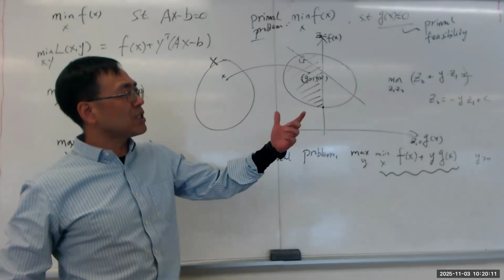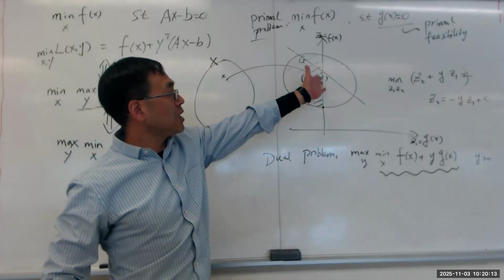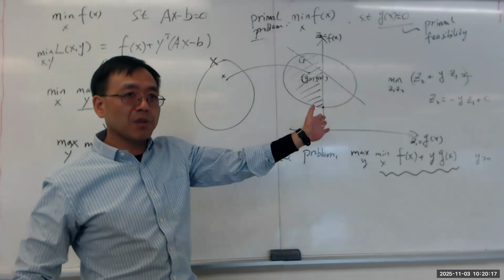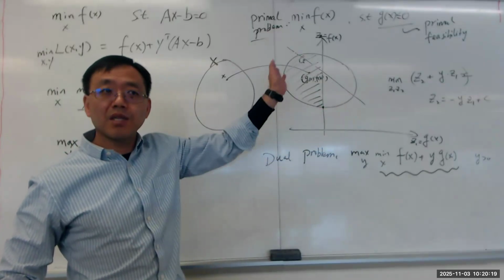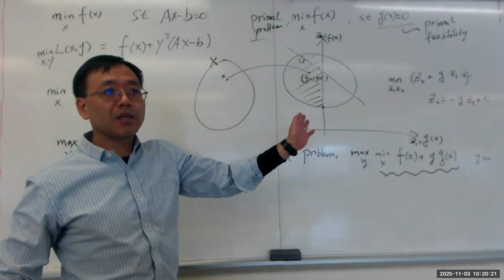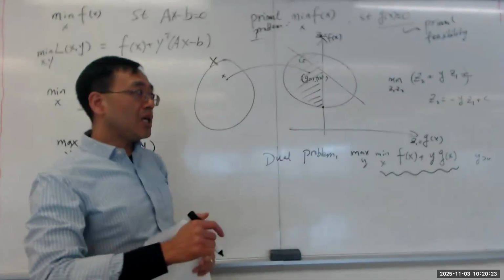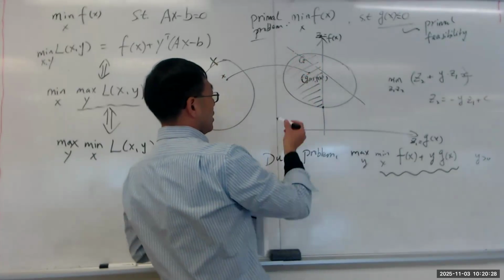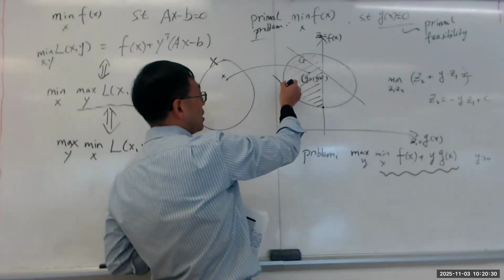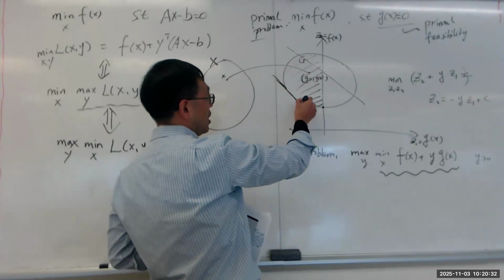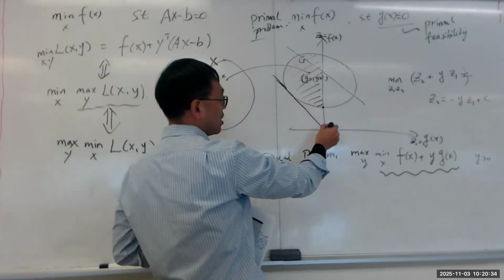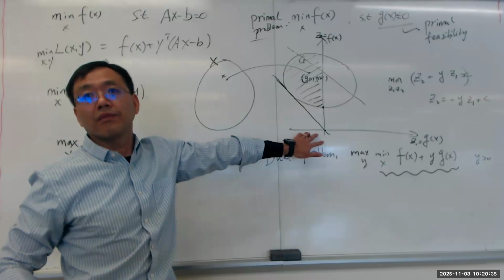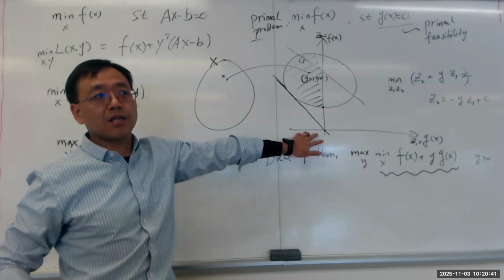What is the smallest intercept for a line with a given slope that is still in the feasible region? You move this line down until it is tangent to the feasible region, and then this intercept is the minimum value. Is this clear?